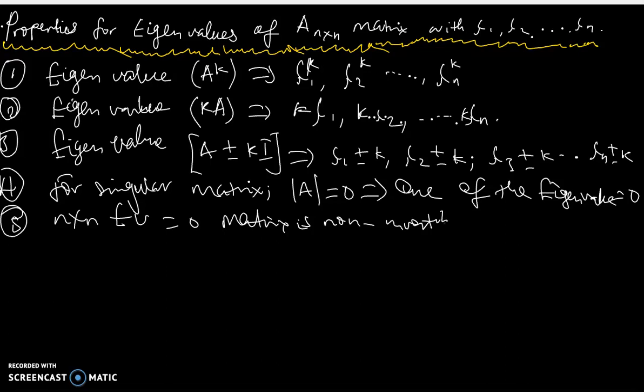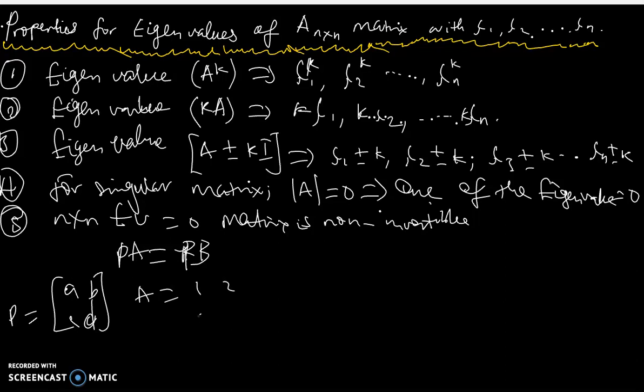Now, when you watch the previous video on invertibility of a matrix, just for explanation, you might be given a matrix PA, and this must be equal to PB, so you need to introduce an arbitrary B. If it is a 2 by 2 matrix, let's say A, B, C, D, you call this your P, and let's say that our matrix A is given by 1, 2, 0, 1.